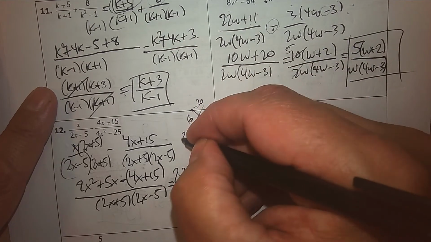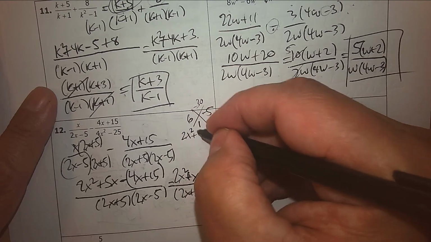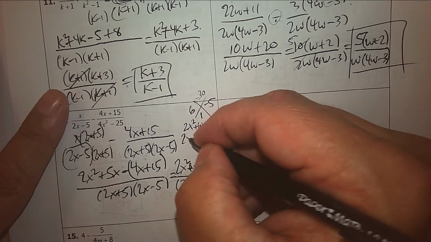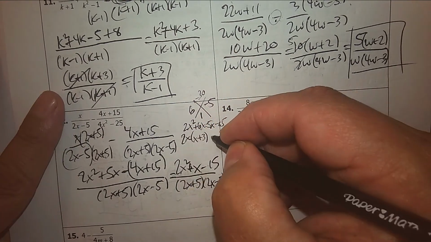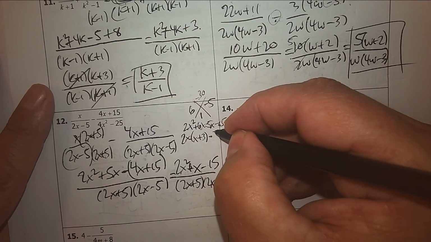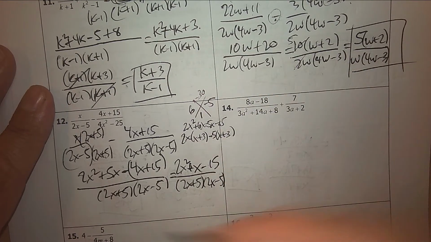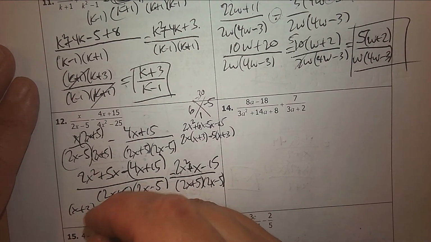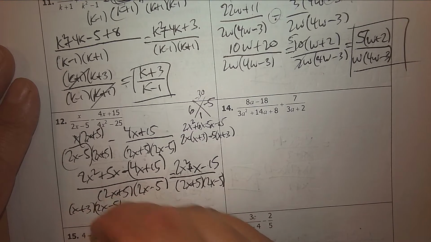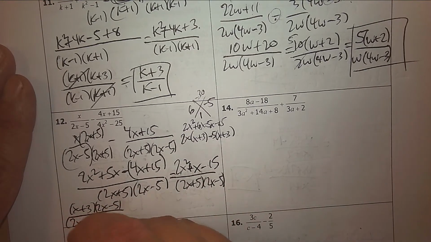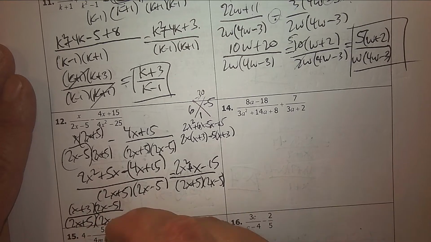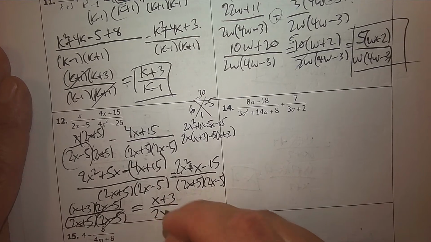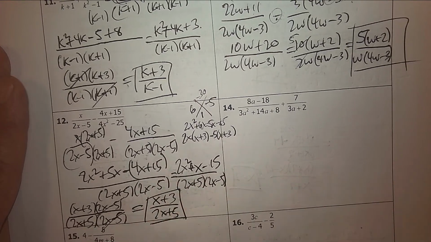So if I do a substitution of 6 and negative 5 and then factor out what they have in common, I can see what the factors are. So when I write this over again, I'm going to write x plus 3, 2x take away 5. The denominator is 2x plus 5, 2x take away 5. So strike out and you have your answer. All right, number 14.